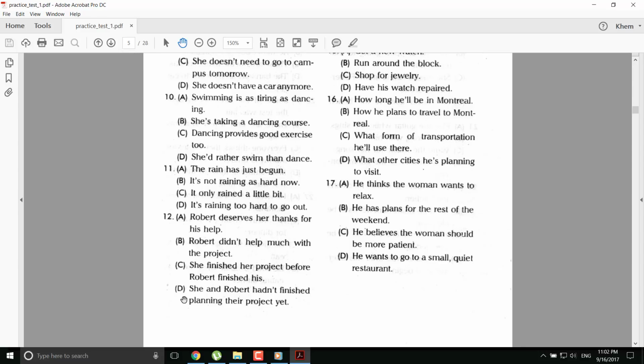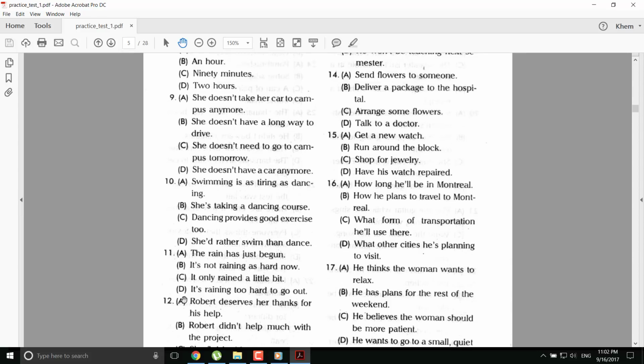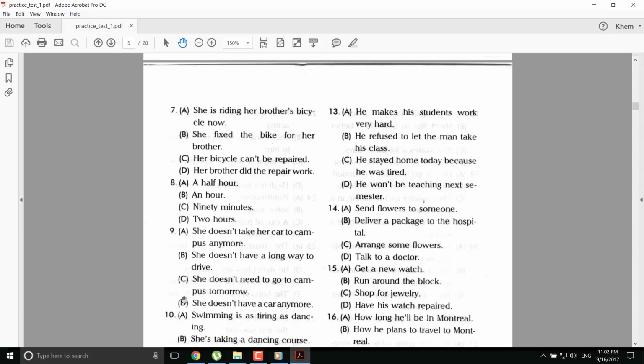Number 12. "Then you and Robert finished your project on time?" "Yes, no thanks to Robert." What does the woman imply? Number 13. "I just heard that Professor Hendricks is retiring at the end of this semester." "Too bad.